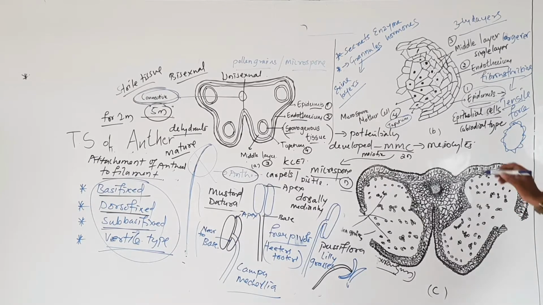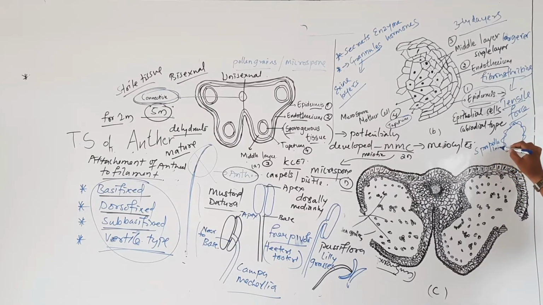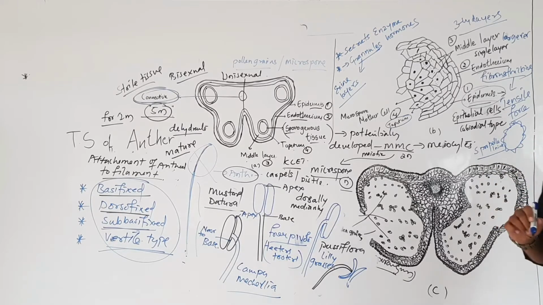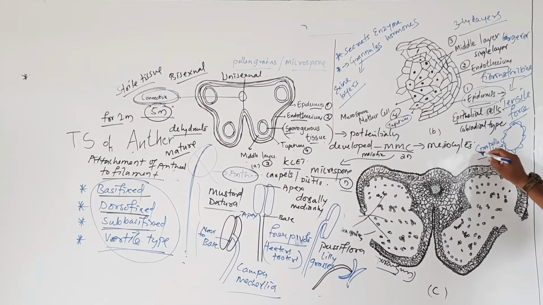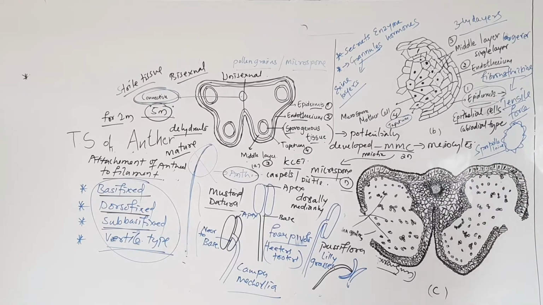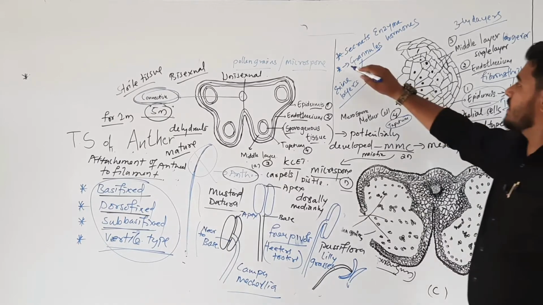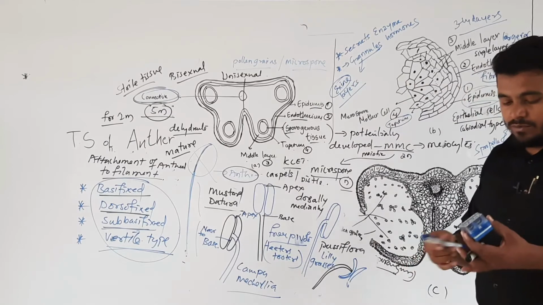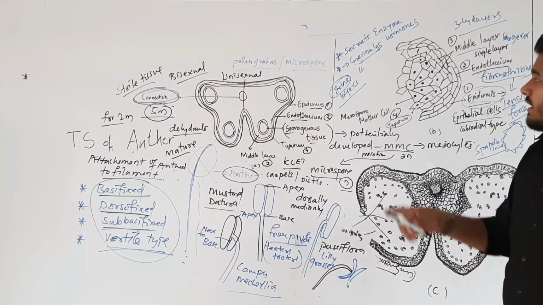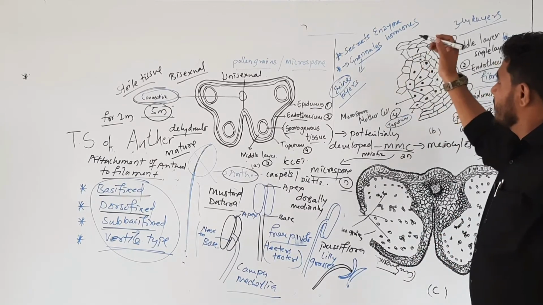The exine has a chemical called sporopollenin. This is the most resistant chemical, which is not degraded by any enzymes or anything else on the earth. So these granules help in the formation of the exine layer in pollen grains.